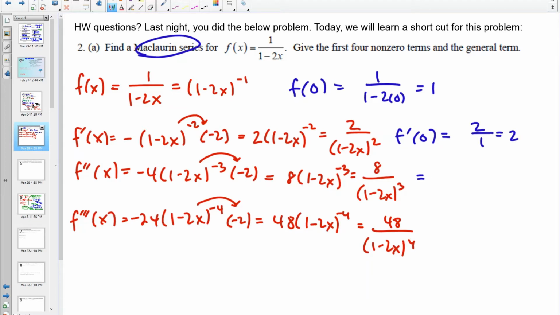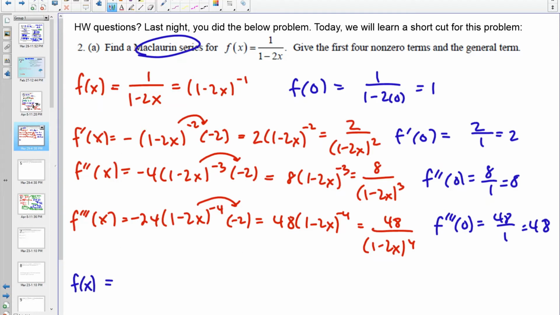If I plug in my center here, this will be 8 over 1, which is 8. And if I plug in my center here, this will be 48 over 1, which is 48. Okay, so I've got all my derivatives, and I put this into the Taylor series.